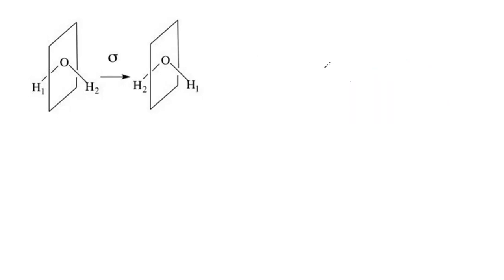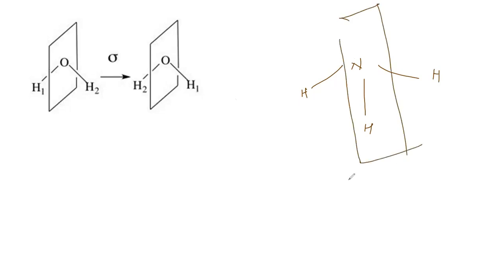Let us take another example like NH3. This is hydrogen, which is a non-planar molecule here. In this non-planar molecule, you can also put a plane like this. The plane, which is a mirror plane, equally cuts the molecule into two equal halves.